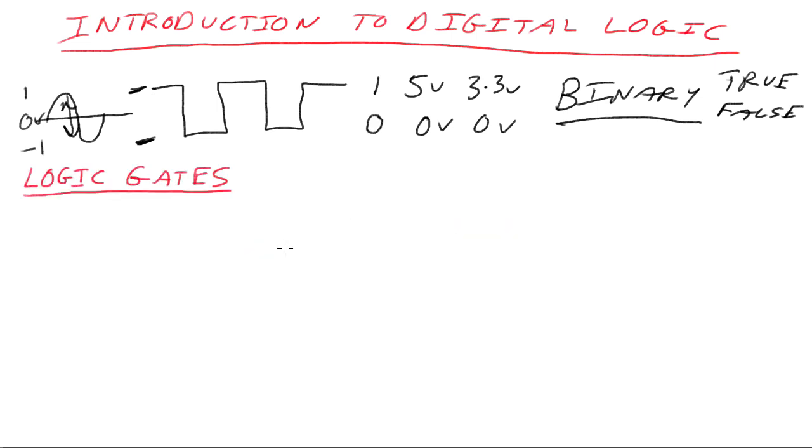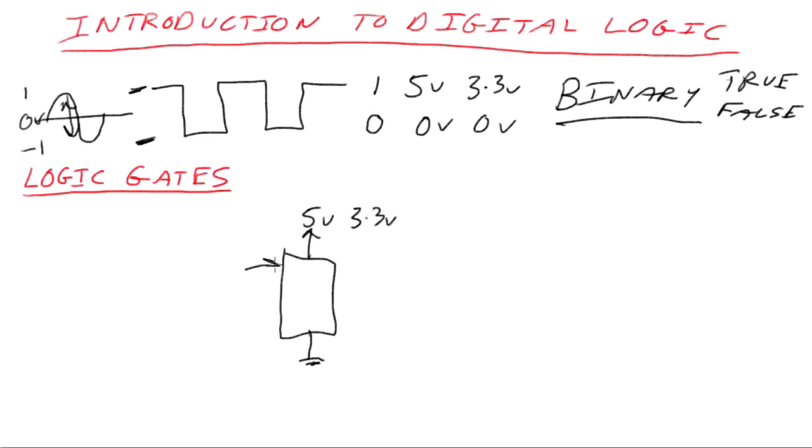So in a typical digital logic system, we might have a chip here, for example, that is connected to ground and is connected to 5 volts or 3.3 volts, for example, which are very typical modern digital logic levels, or even lower, 1.8, 1.2 volts. It doesn't matter. It's going to represent a binary value, 1 and 0, true and false, high and low.